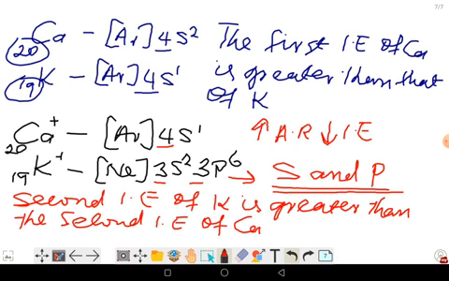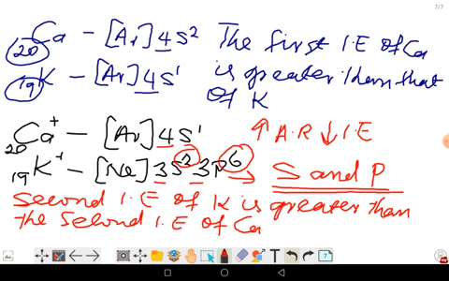Another factor which favors the second IE of potassium being higher than that of calcium is that the s and p orbitals of the calcium ion are completely filled. So it has attained its stability. So this ion is stable.